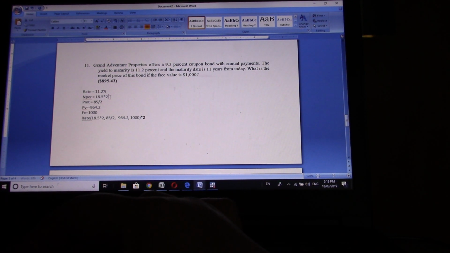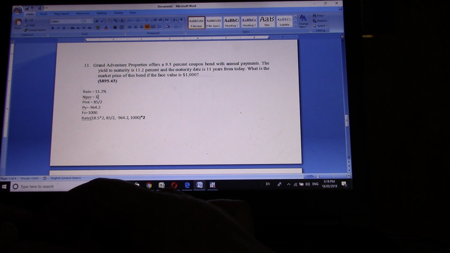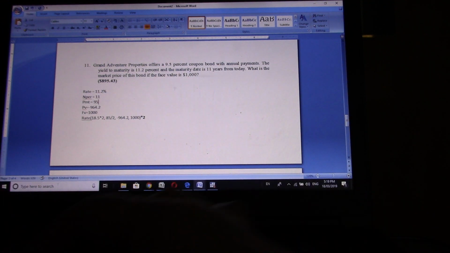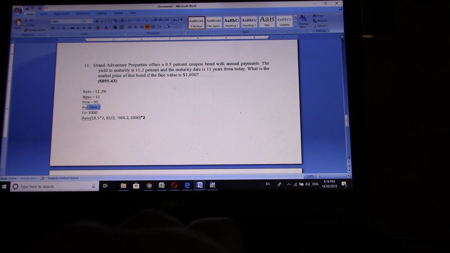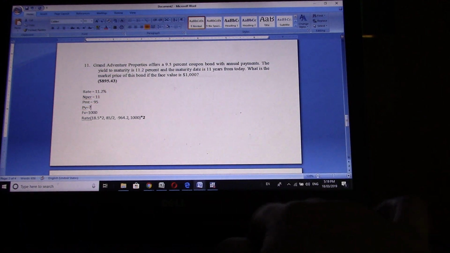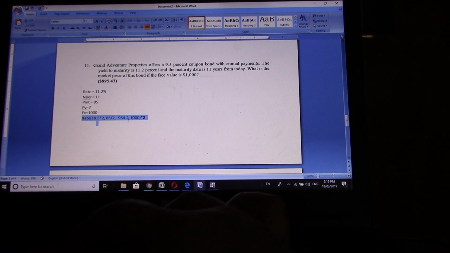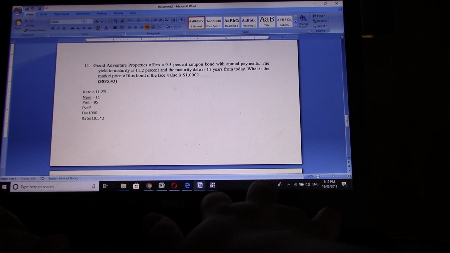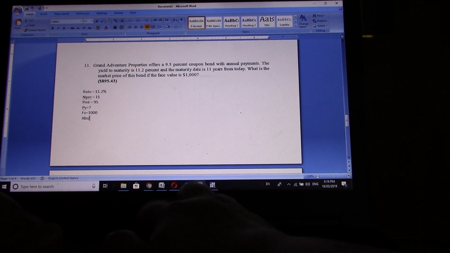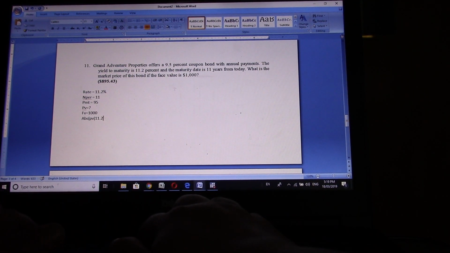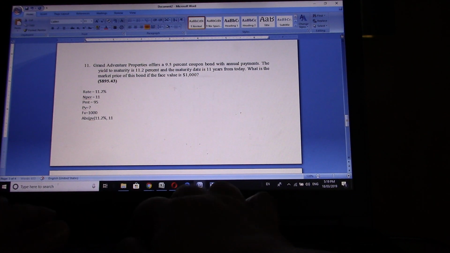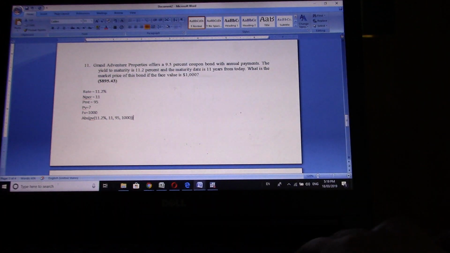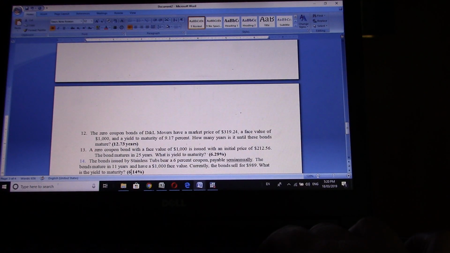So Nper is 11. The coupon is 95, and PV is the question. FV is 1,000. So it's asking for the price. So you should use ABS, PV, 11.2%, 11, 95, 1,000 to get the price. So this is this one.